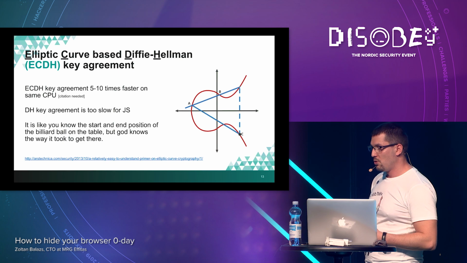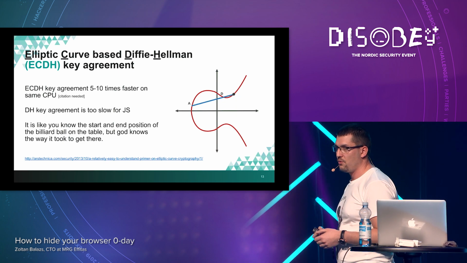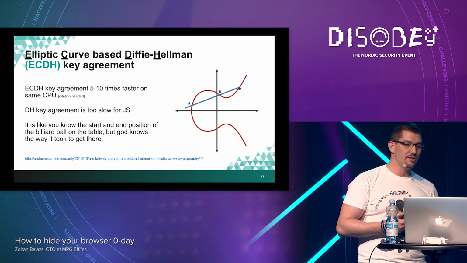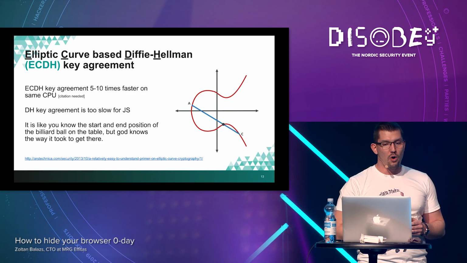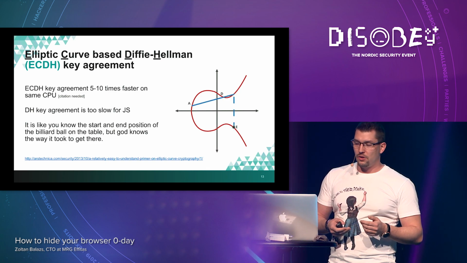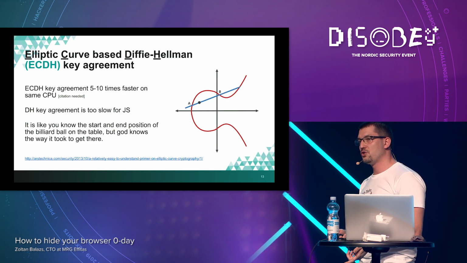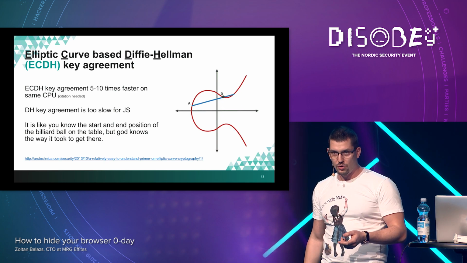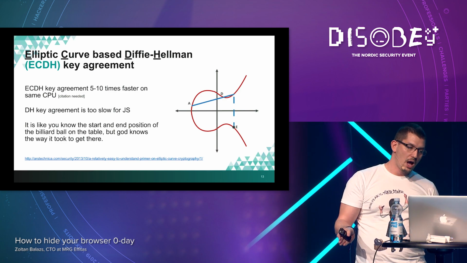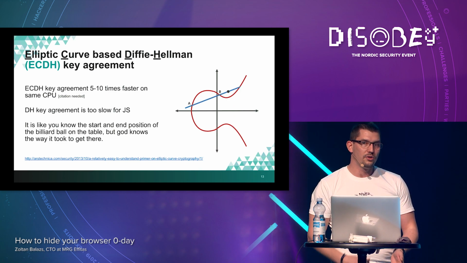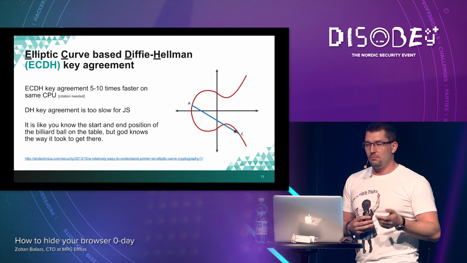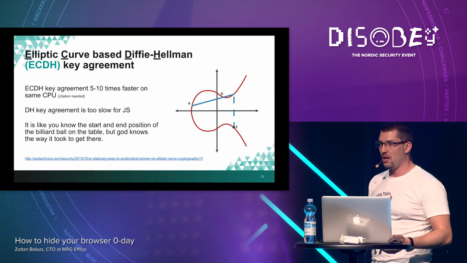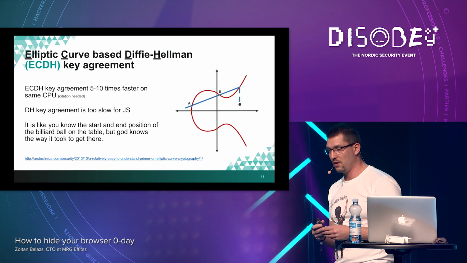I really don't want to go into the very deep details of how elliptic curve Diffie-Hellman works. Just think of it like a billiard ball on the table. If you know the starting position of the ball, and you know the force and the vector with which you hit the ball, you can calculate where the ball will end up on the table from a mathematical perspective.